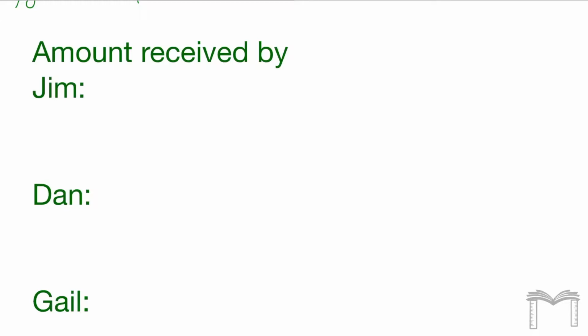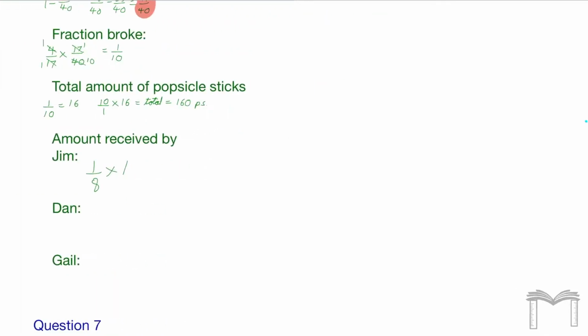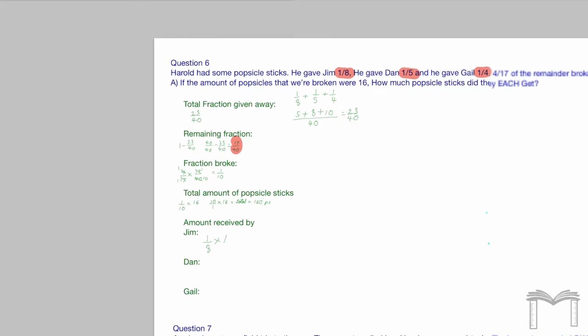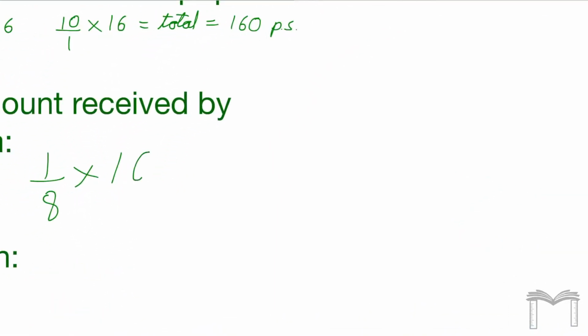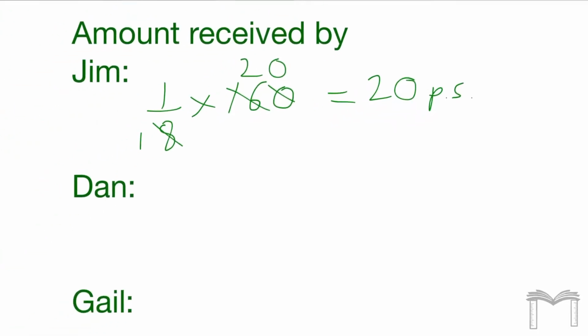So Jim got 1/8 of the total, which is 160. 8 into 8 is 1, 8 into 16 is 2, put back the 0, so that's 20 popsicle sticks. Let's put PS for short.